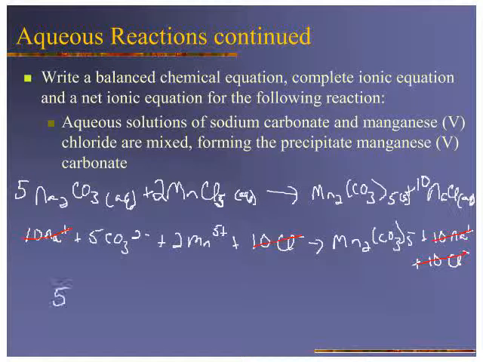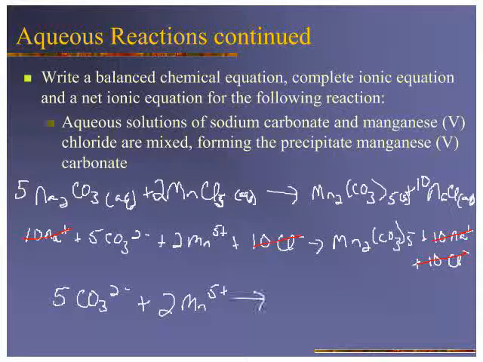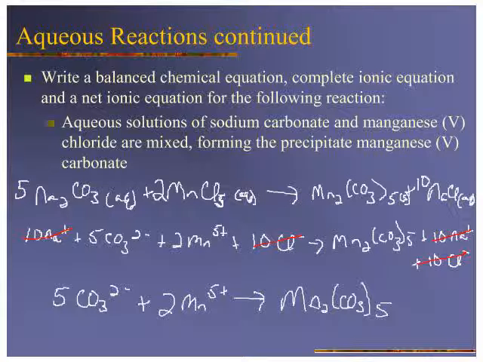So for your net ionic equation, you write your 5 carbonates plus your 2 manganese gives you a product, Mn2(CO3)5.